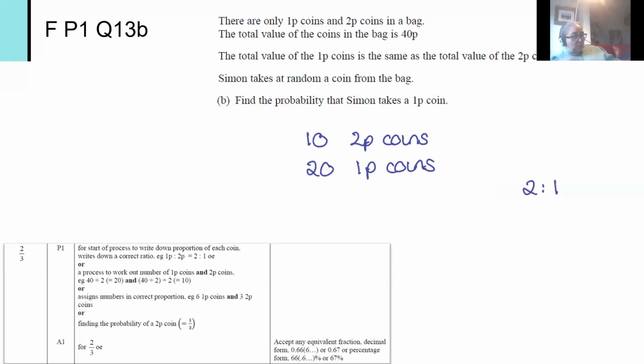The second version of this question, they've identified 10 and 20, but then incorrectly put 2 to 1. Because a ratio is not O equivalent, it's OE for probability.